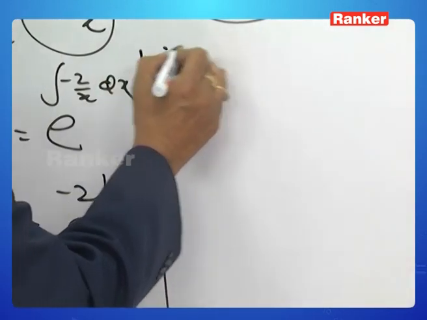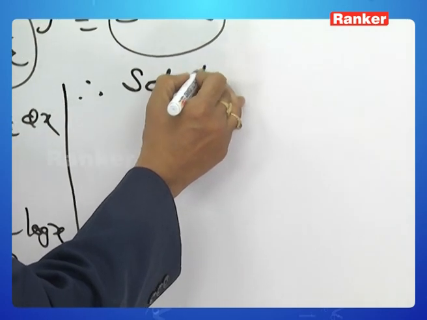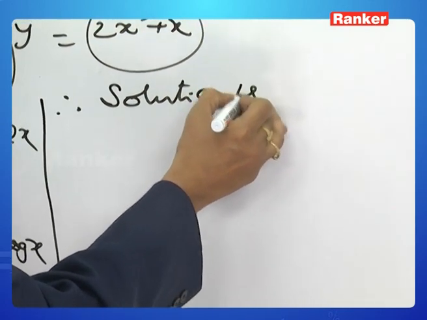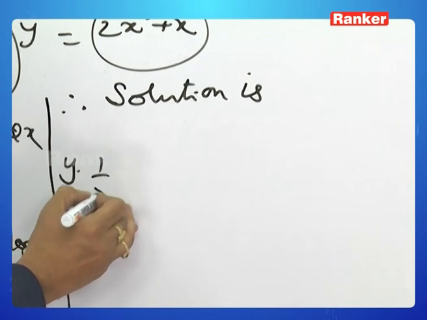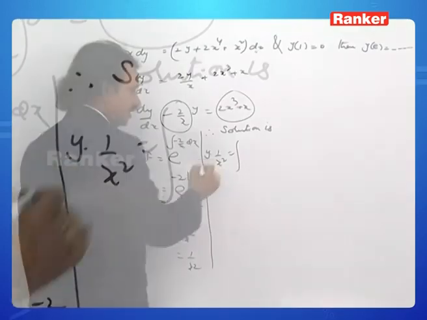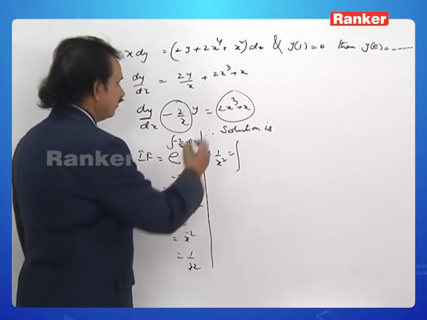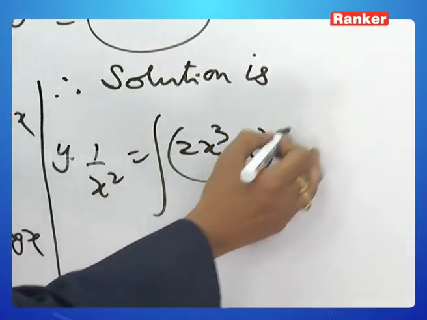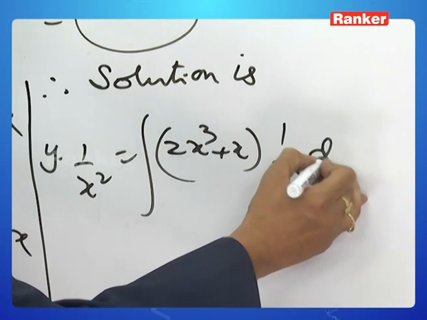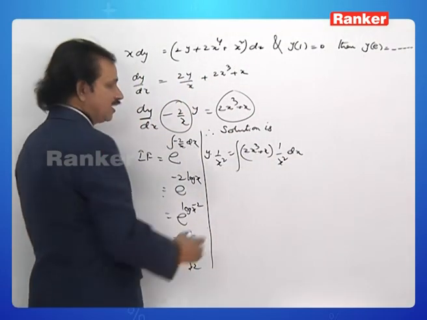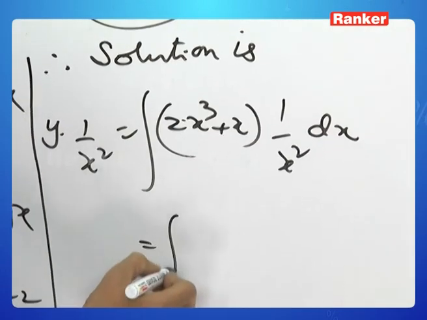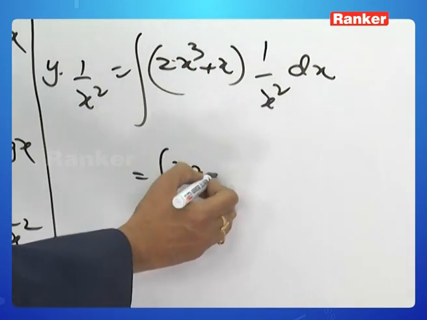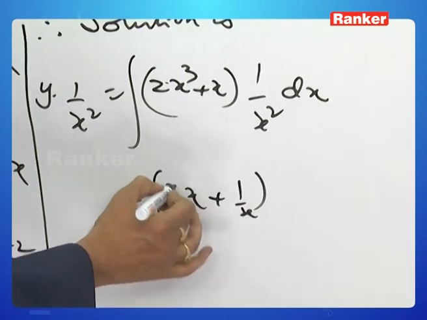Therefore, the solution is y into IF, that is y into 1 by x square is equal to integral of Q into IF, that is 2x cube plus x into 1 by x square dx. 2x cube by x square is 2x. x by x square is 1 by x.